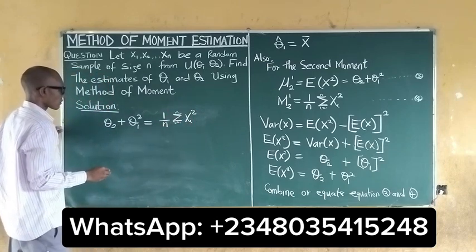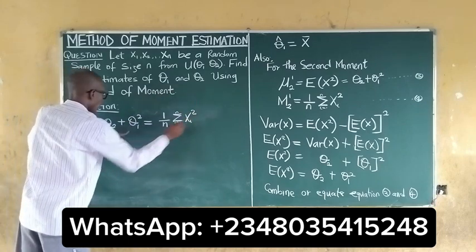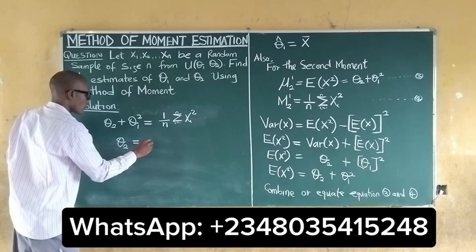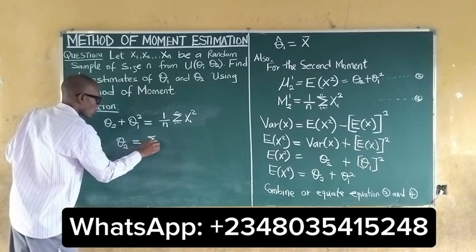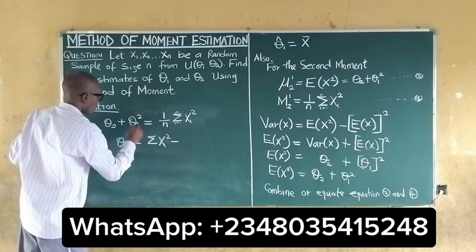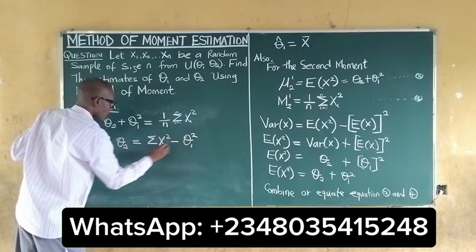Of course, to obtain our theta 2, theta 1 squared can go over to the other side, turning to minus theta 1 squared.